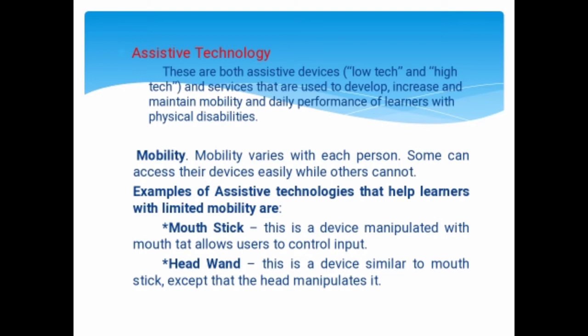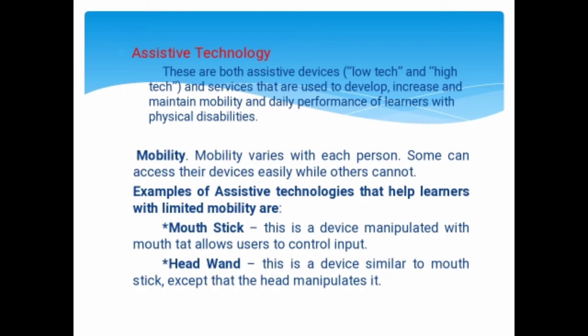The first one is mobility, and the second one is communication. What is mobility? Mobility varies with each person. Some can access their devices easily, while others cannot. An example of this are the mouth stick and the headband. What is a mouth stick?